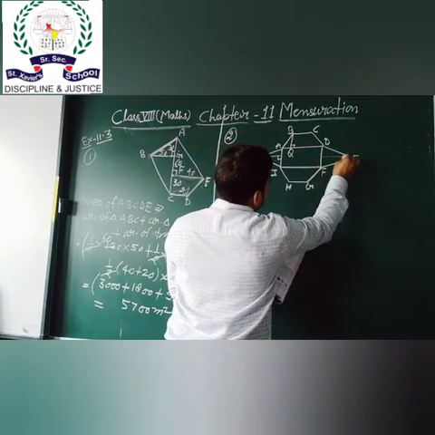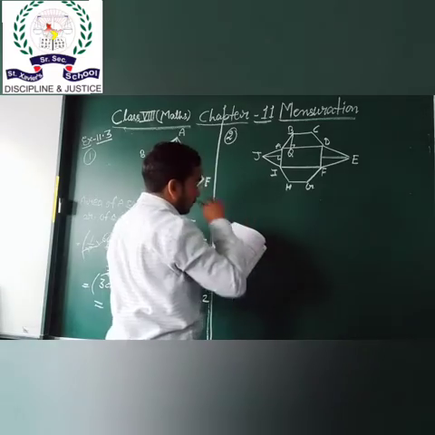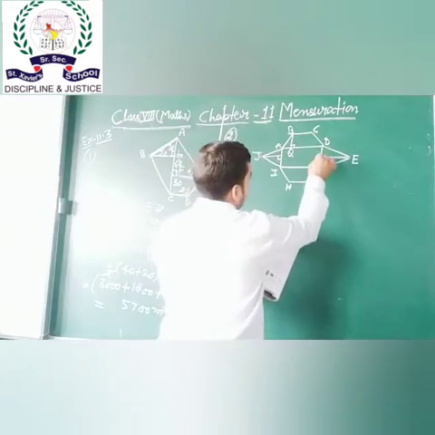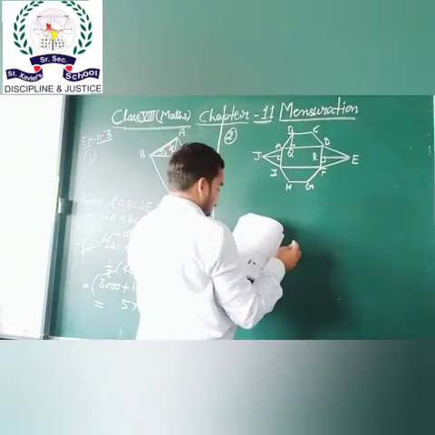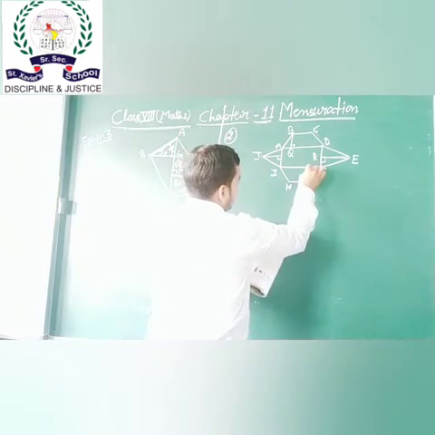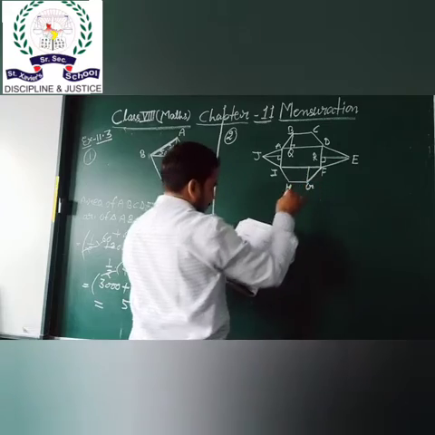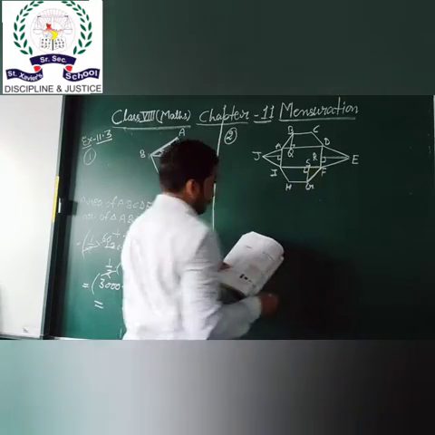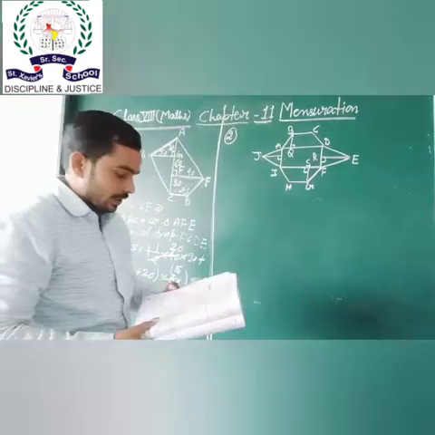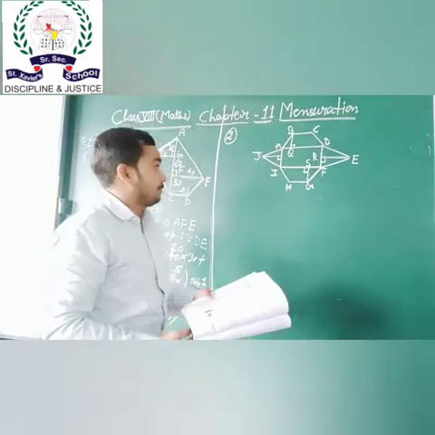RE, height of this triangle, RE. And GS, distance between parallel sides, GS. Find the area of the polygon. AD equals 7.